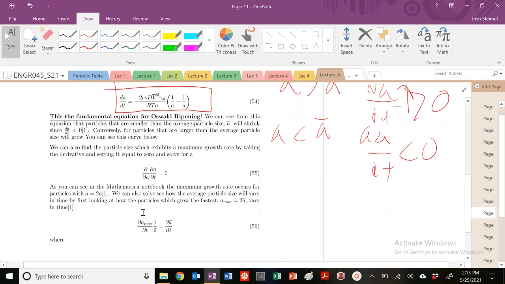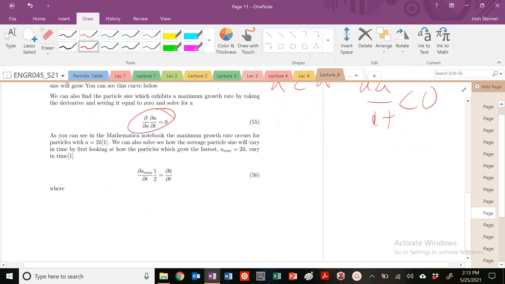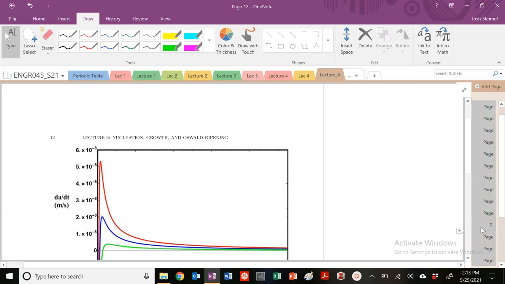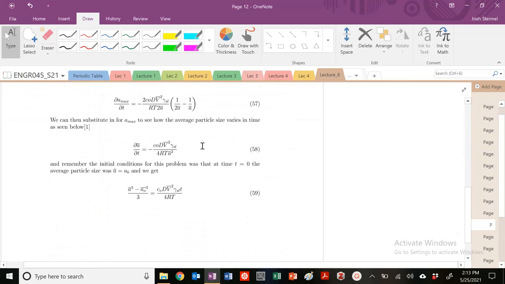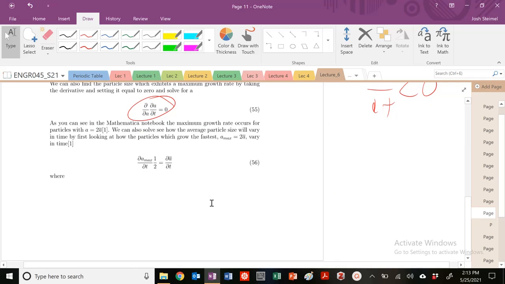To figure out what particle size is growing the fastest, the maximum growth rate, I can take the derivative with respect to A and set it equal to 0. Once we do the math, that value where it is maximized is where A is equal to 2A bar.